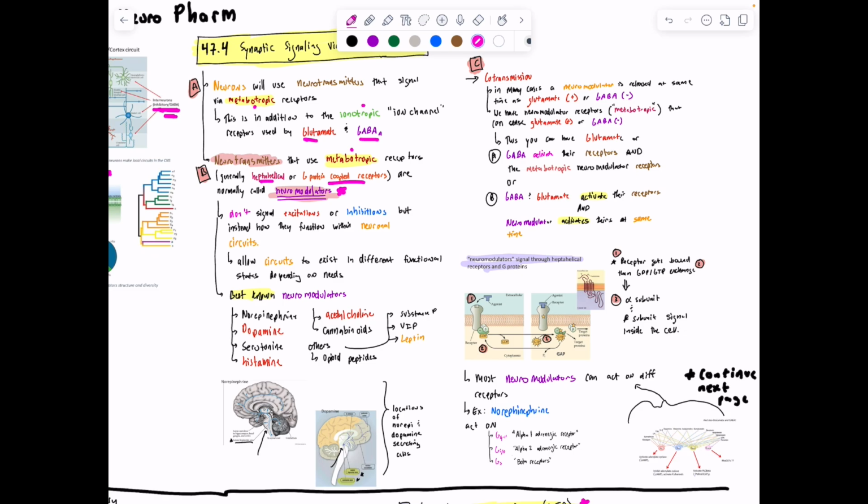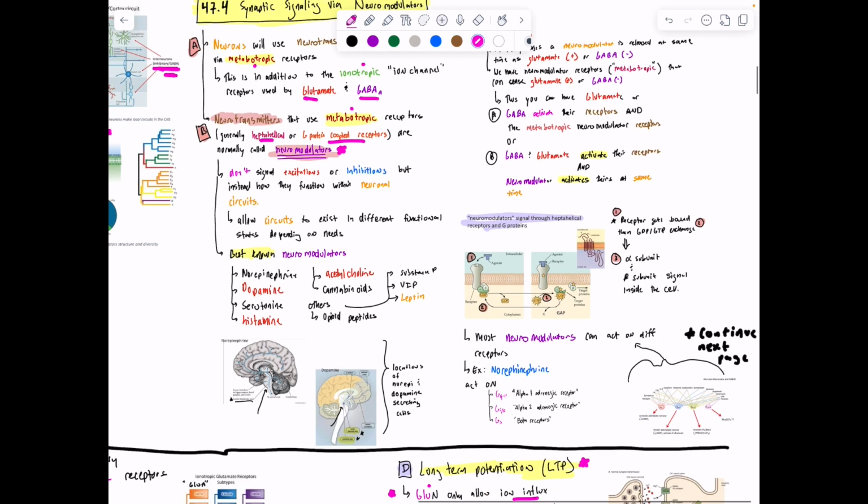We're going to get a good example of this with dopamine in our neuro course. Basically, these neuromodulators don't signal excitations or inhibitions, but instead how they function. Instead, they influence neuronal circuits. The best known neuromodulators are dopamine, histamine, acetylcholine, opioid peptides, leptin with hunger.